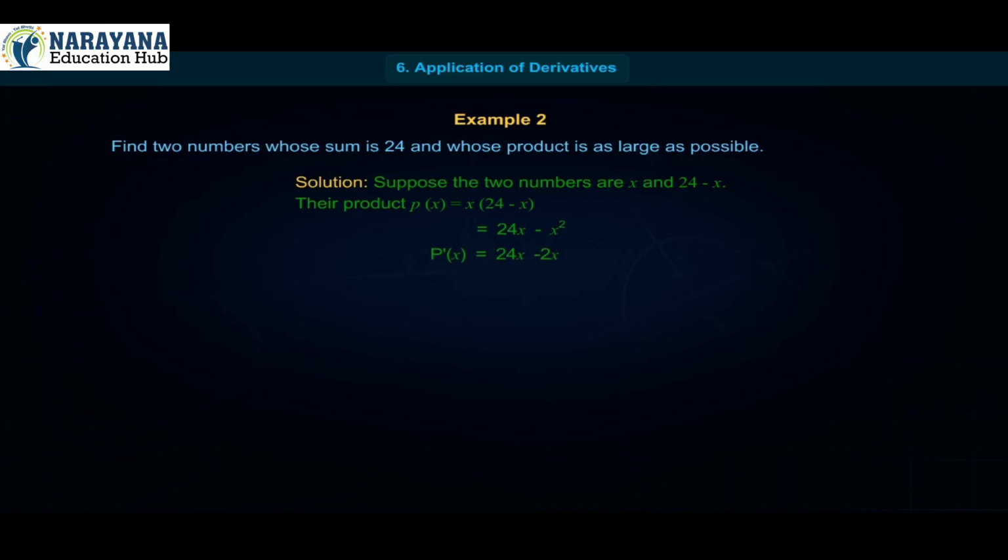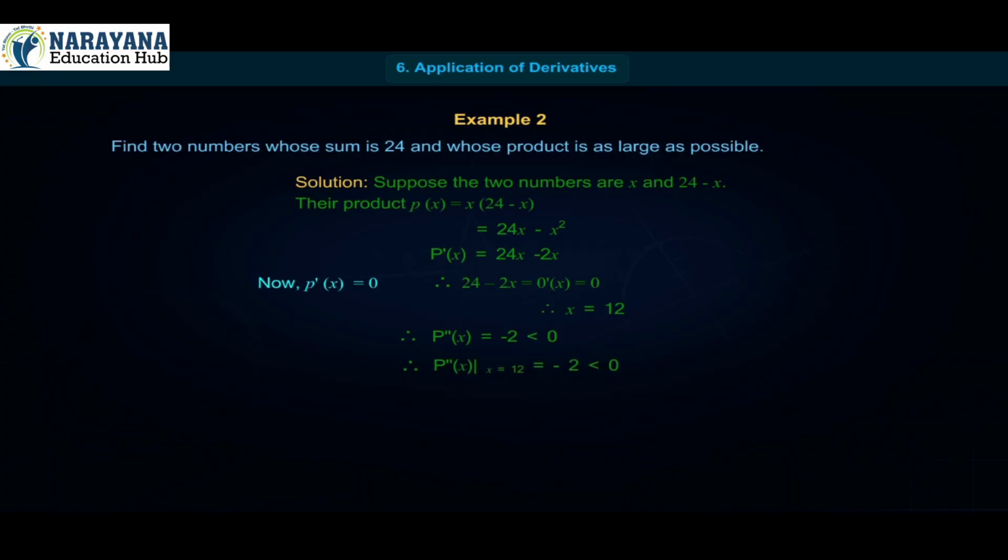P dash of x is equal to 24 minus 2x. Now p dash of x is equal to 0. Therefore 24 minus 2x is equal to 0. Therefore x is equal to 12. Therefore p double dash of x is equal to minus 2, which is less than 0.